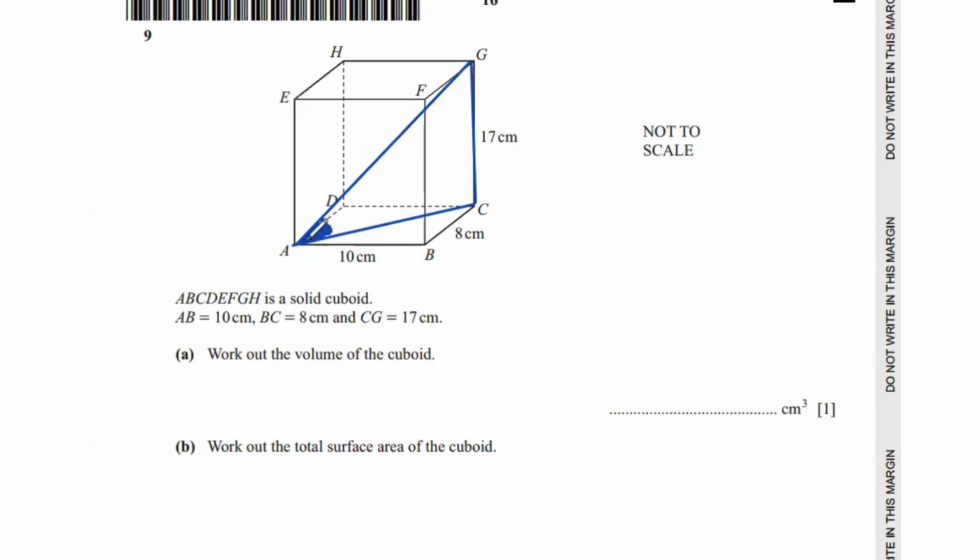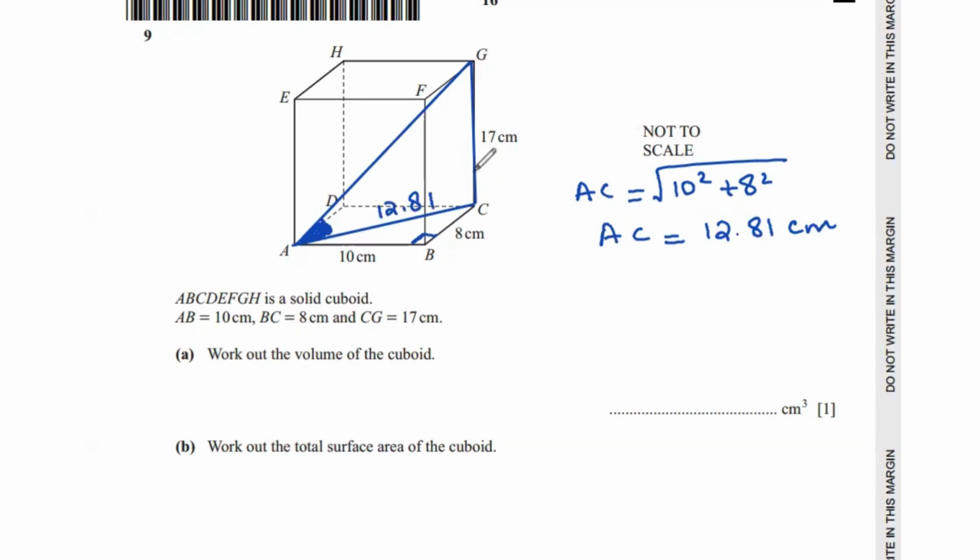You have to first find the value of AC. Now, this is another right angle triangle. So using Pythagoras, AC would be square root of 10 squared plus 8 squared, which gives us 12.81 centimeters.